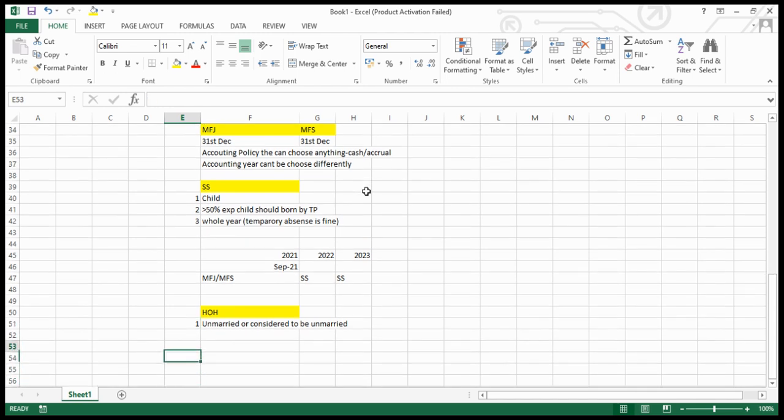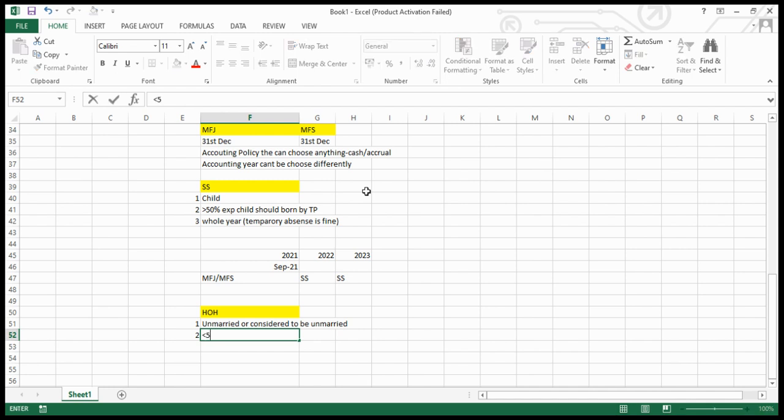Now, second point, for HOH, he should bear 50% of the expenditure of the home maintenance. So then we will call it head of household.